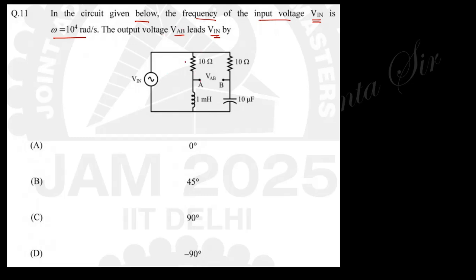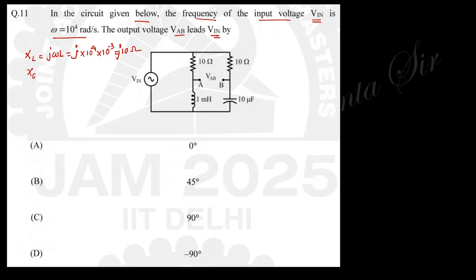You can see this is a resistance of 10 ohm, this is 10 ohm, this is an inductor, and this is a capacitor. For the inductor, the impedance is X_L equals j omega L. Here j is a complex number, the square root of -1. Omega is 10 to the power 4, L is milli, so 10 to the power -3, that gives 10j.